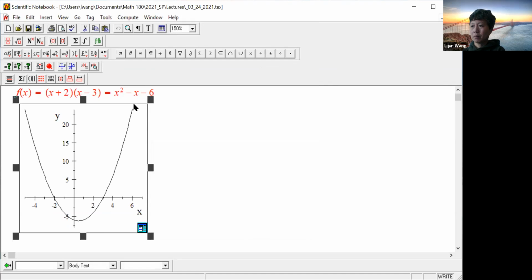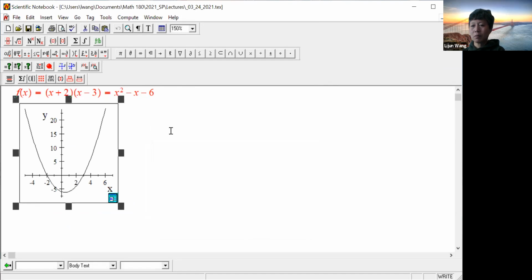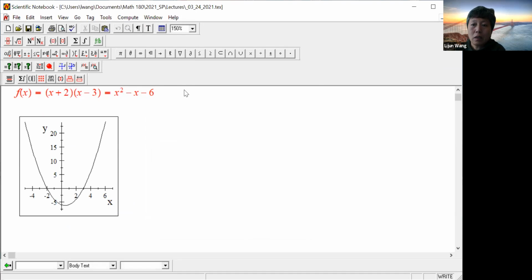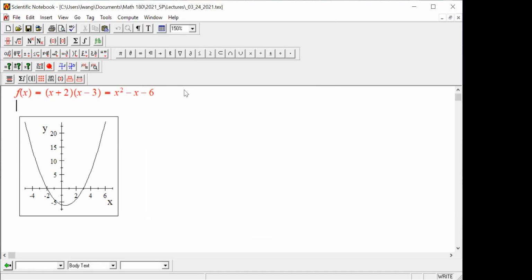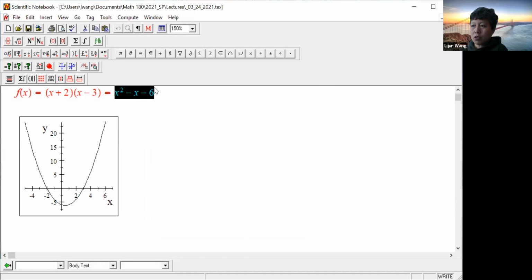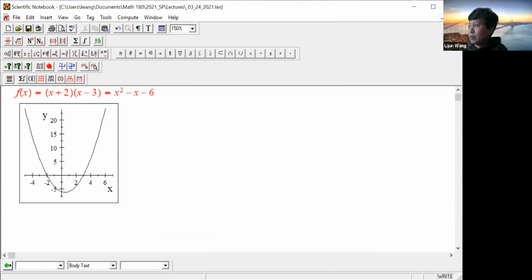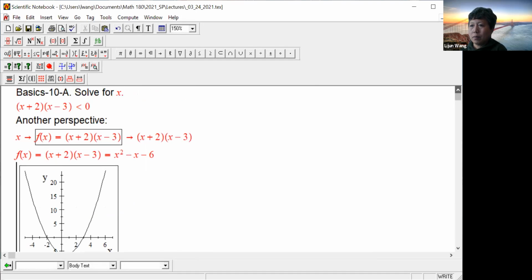Does everybody follow me? Do you guys still remember you learned something called quadratic functions before? Anybody? Yeah, you have learned it. This is a quadratic function, and this is the curve. So what is the question about?